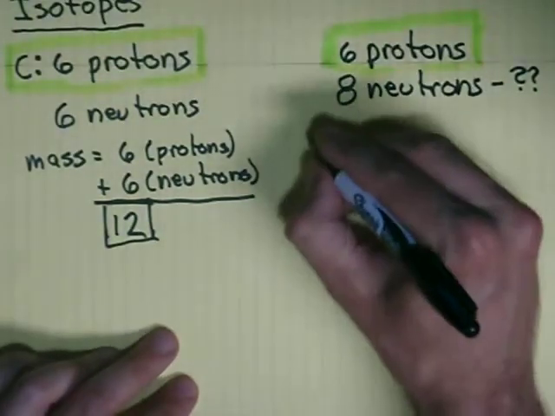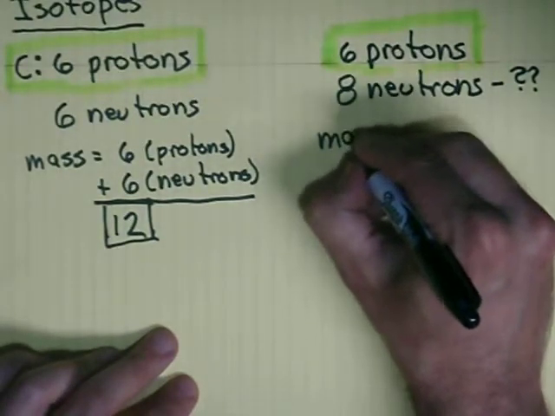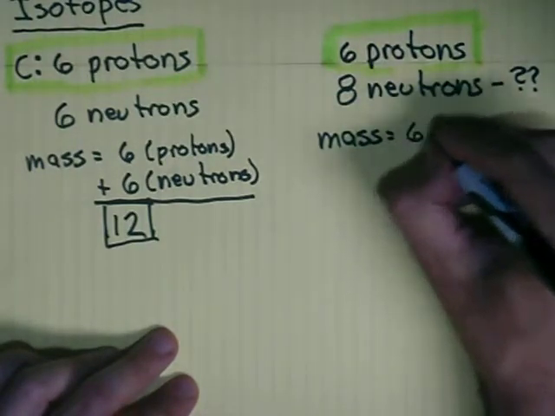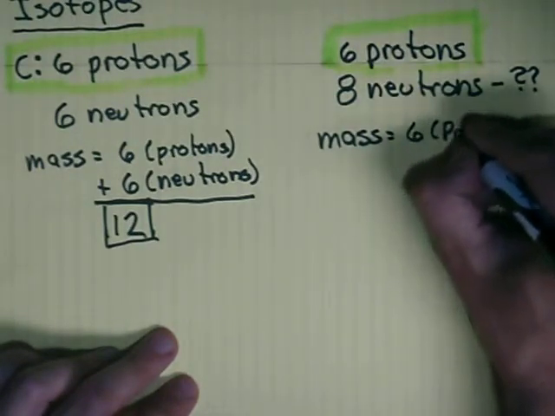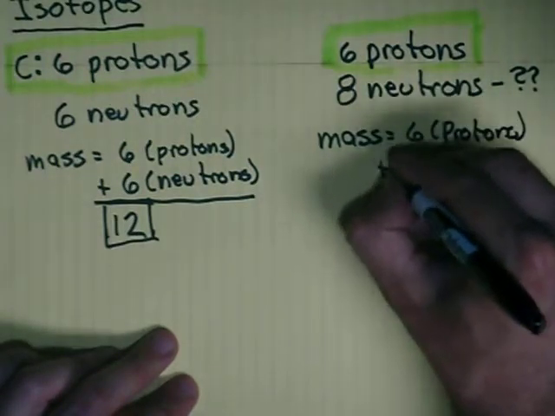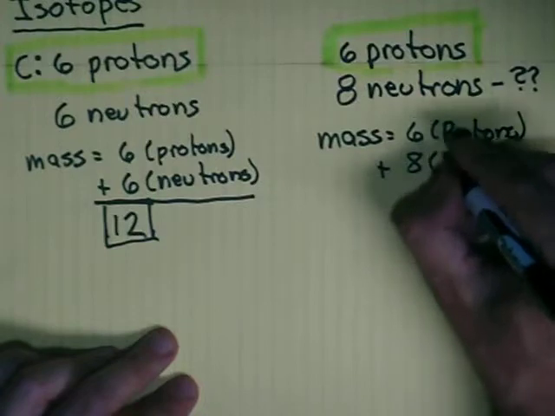So for the mass, we still have that 6 from the protons. And now we have 8 from the neutrons.